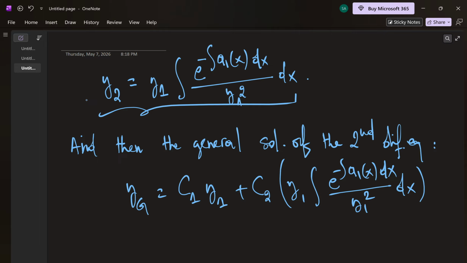So this is the general solution that we are looking for.